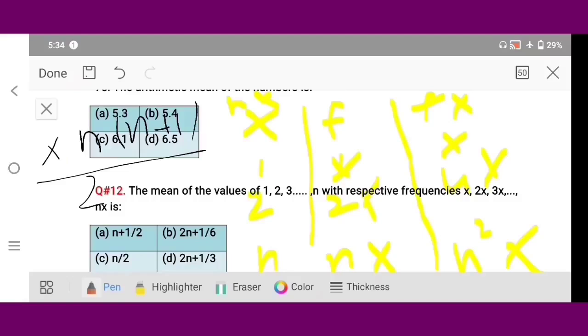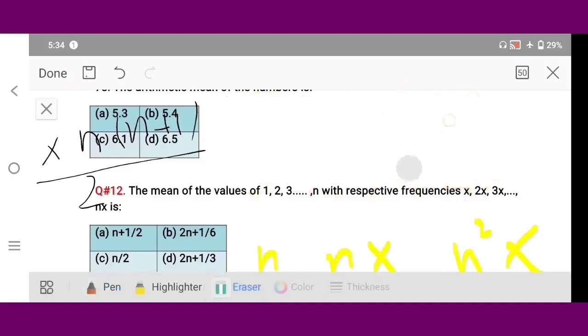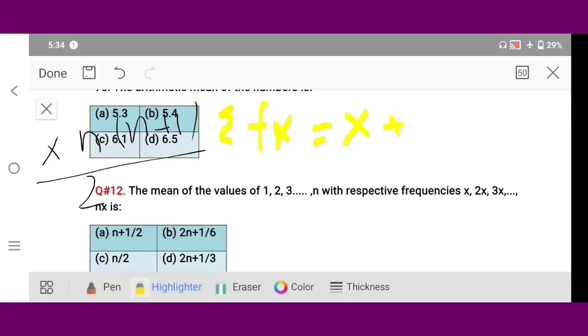So it is x, 4x up to n square x. So summation fx equals x plus 4x, that is 2 square x, up to n square x.